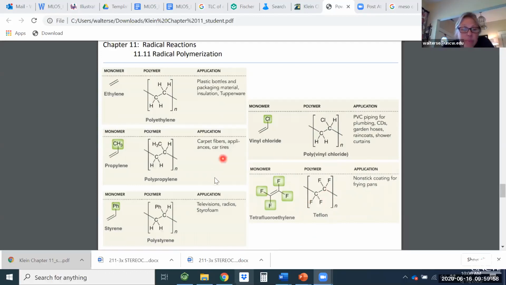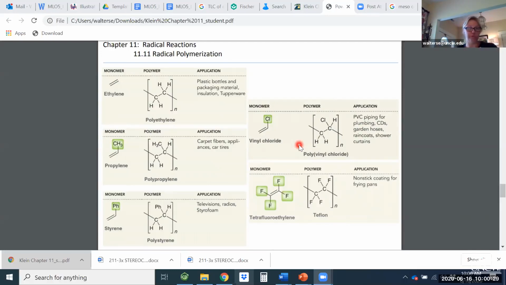So what is going to be important is if you see the polymers drawn in this way, square brackets with an N, that you can take that polymer and work backwards to figure out what monomer had to have been used to make the polymer that's shown. Are there questions?